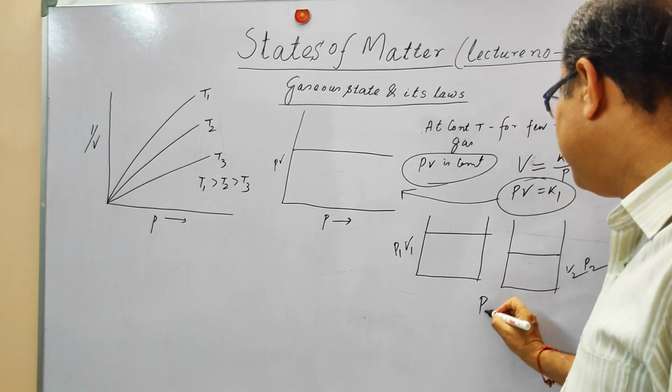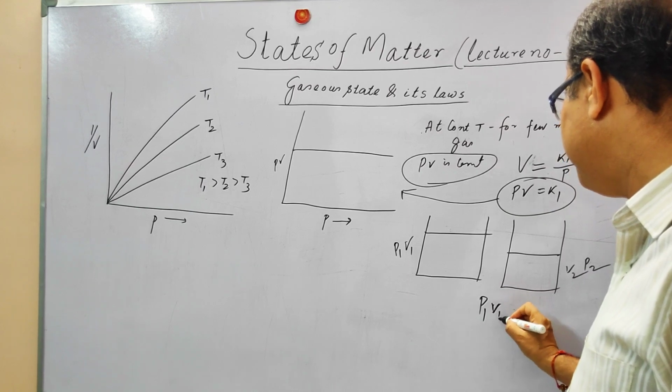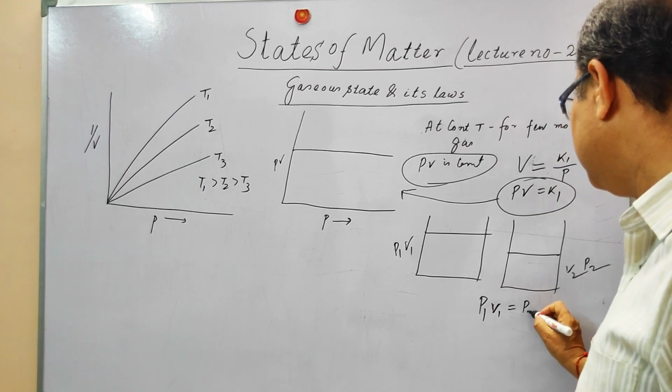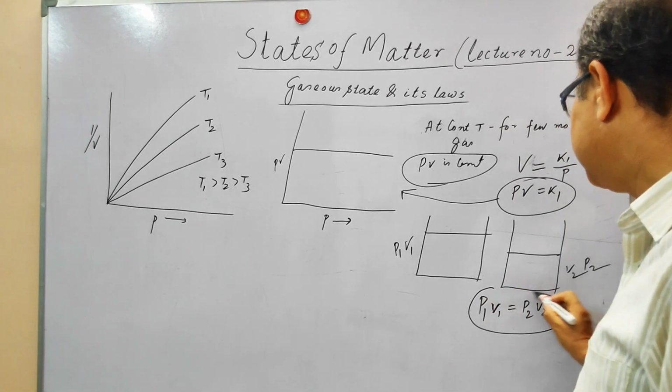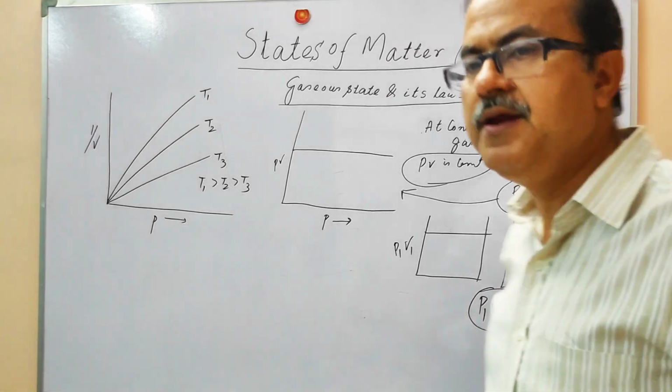Then from Boyle's law we can write, which is very important, P1V1 = P2V2, and we can utilize this relation in numericals.